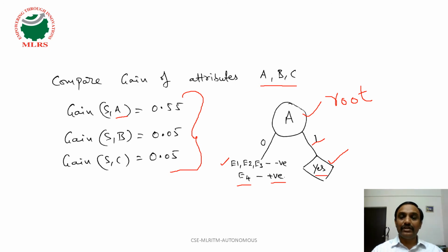To find that node, we have to repeat this process for the table where A value is equal to 0. Now there is no need to consider where A value is equal to 1 because whenever A value is 1, for all the places we are getting the positive result. That's why we are concluding at that point. We are taking the leaf node at that point. Now we have to concentrate where A value is equal to 0.